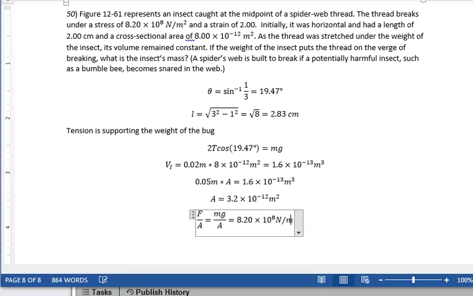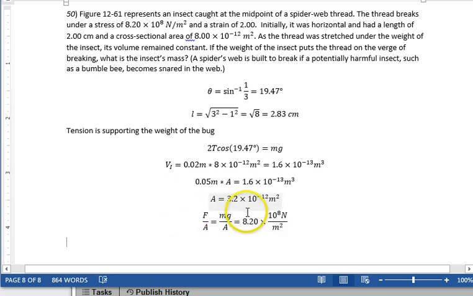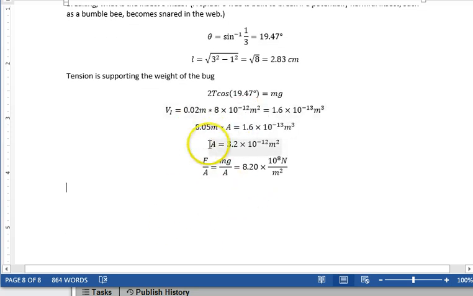We're looking for the mass. We have the area now, 3.2 times 10 to the minus 12. We know g.